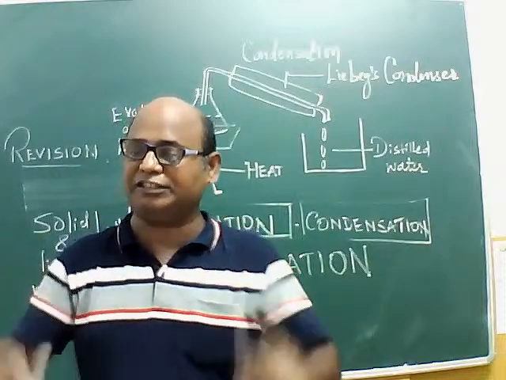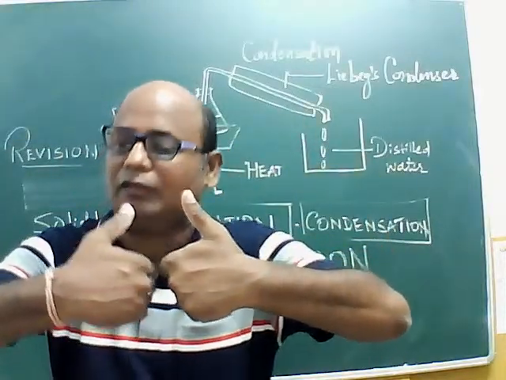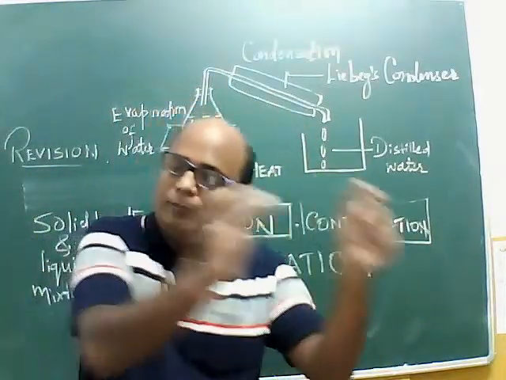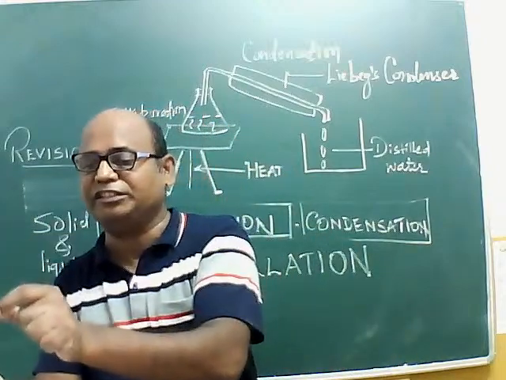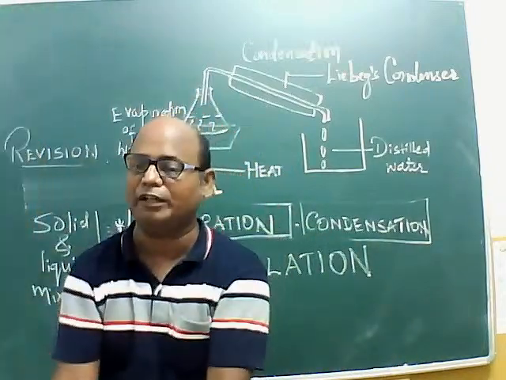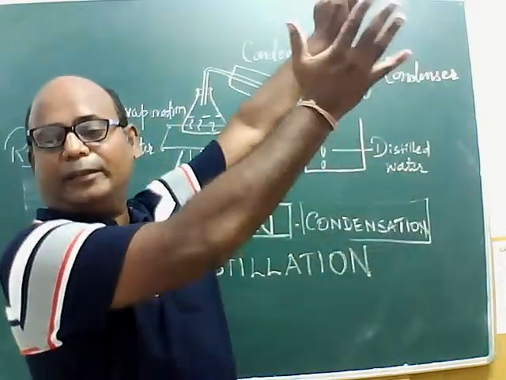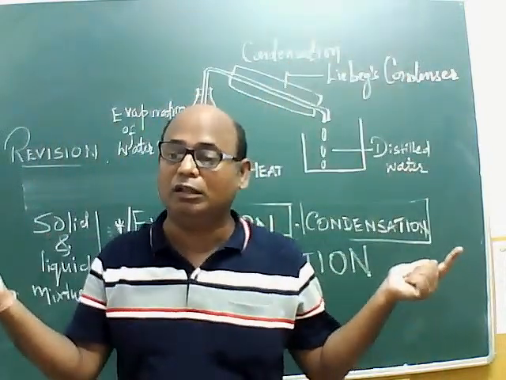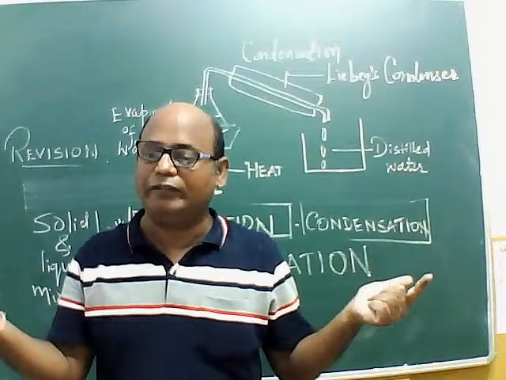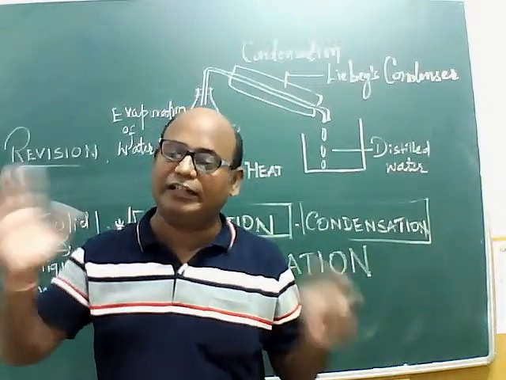In winnowing, what happens? There is a difference in weight of the components. One component is lighter, another is heavier. The heavier component will fall down in the container, the lighter component will be blown away by the wind. That is called winnowing, winnowing of chaff from the grain.